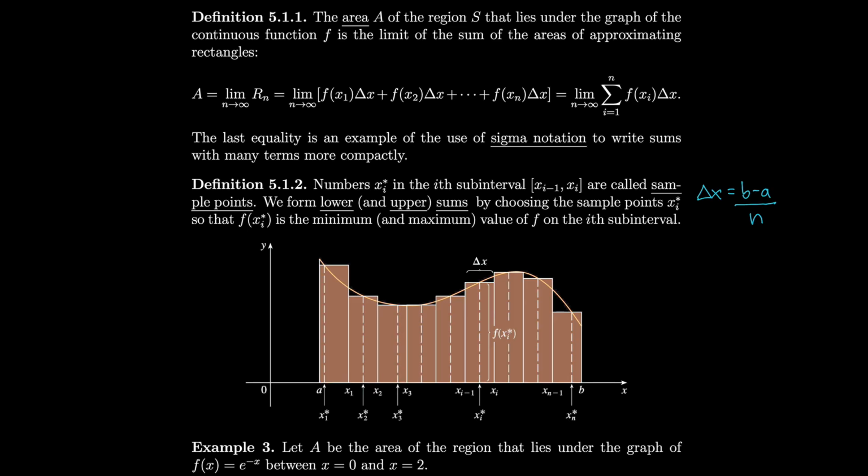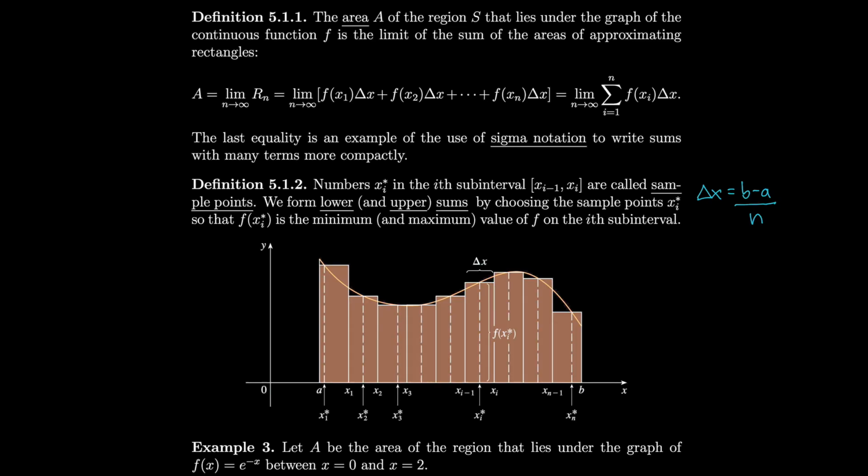So if I have, let's say, from 0 to 1 like we did before, and I want to do 2 rectangles, that would be 1 minus 0 over 2, so each rectangle would have a width of 1/2. If I were doing 10 rectangles, it makes sense, it'd be 1 minus 0 over 10, each one would have a width of 1/10. So in general, it'd be b minus a over n for the width.